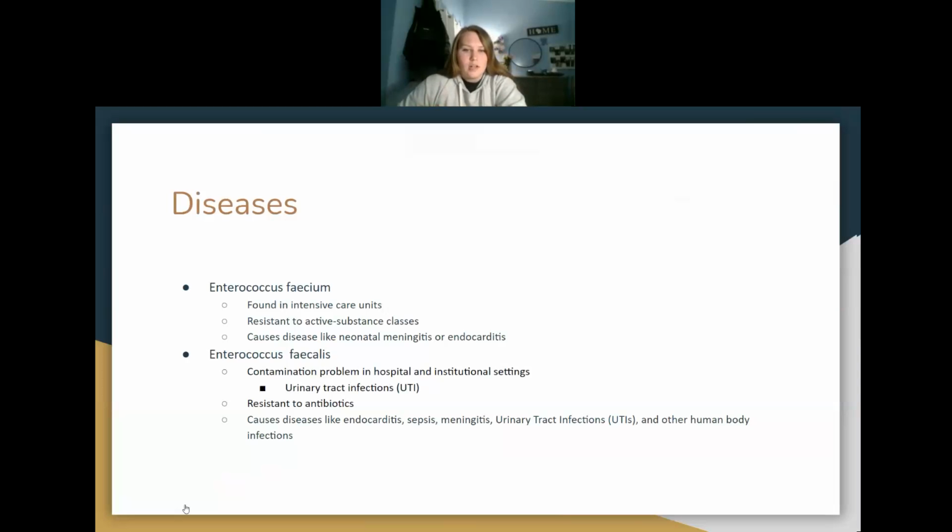Enterococcus faecalis is known to cause contamination problems in hospital and institutional settings. Urinary tract infections are the most common infection. They are nosocomial, which means that they're usually hospital acquired because of the antibiotic resistance of the pathogen.